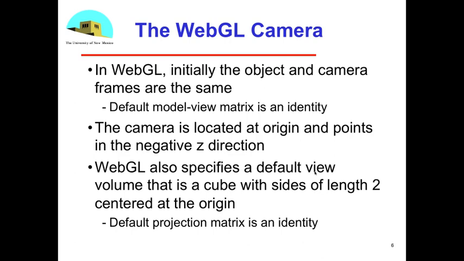Okay, and that clip coordinates, this is what we're seeing over here, is that cube with sides of length 2 going from -1, -1, -1 to 1, 1, 1. So in other words, if you say you're going to use a model view matrix and a projection matrix, you can argue that the default model view matrix and the default projection matrix are just identity matrices, and assume that the camera, if you use the defaults, is pointing in the negative z direction.